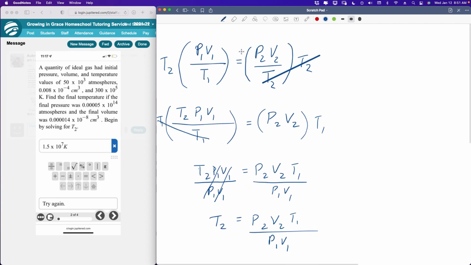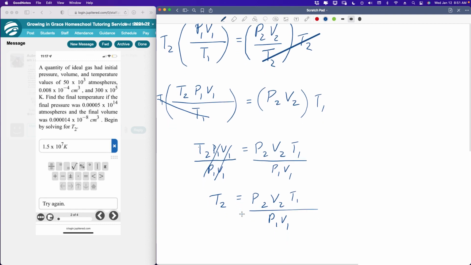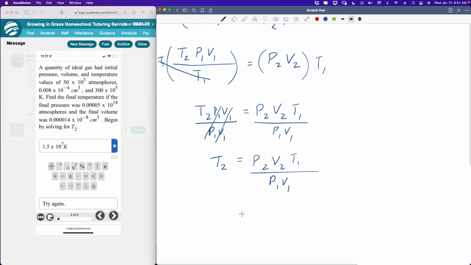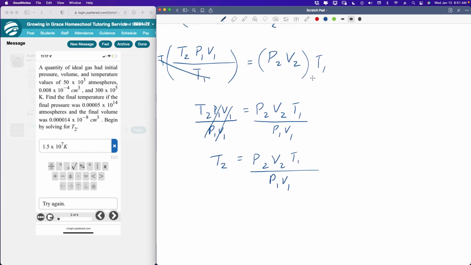The other way, you would have to drop your numbers in for everything, leaving T2 as the only variable, and then do all the math to get to here. It would be a much, much longer process. But if we do this first, where we solve for T2 by itself, now we can drop these values in, multiply them, divide them, and be done. Okay? That's the whole point of what we're trying to do.